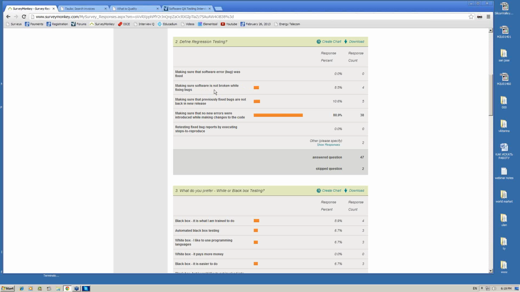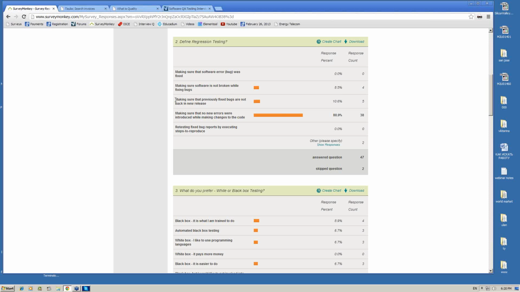We make sure it is not broken as a result of any modification made to the code. Fixing the bugs definitely is a modification of the code, but it is not the only possible modification of the code. So if we say regression testing is about making sure it's not broken while fixing bugs, we narrow down the definition, and not many of you actually support that.